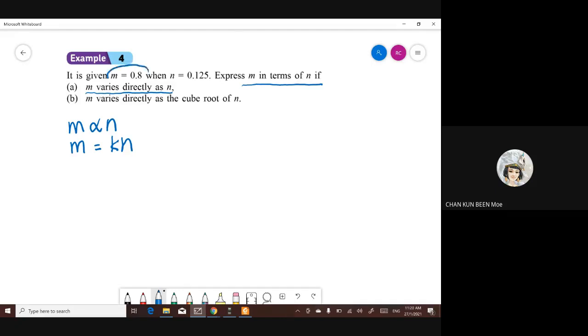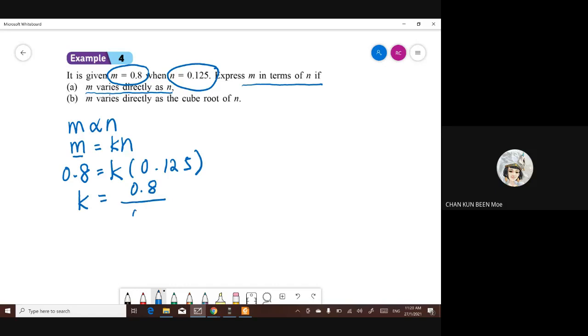Okay, now your m is 0.8. We are going to substitute the m, 0.8 equal to k times your n, 0.125. So from here, we are going to get the value of k. K is 0.8 divided by 0.125.